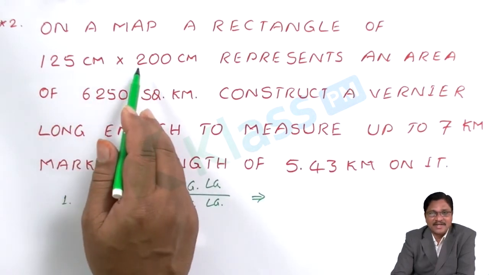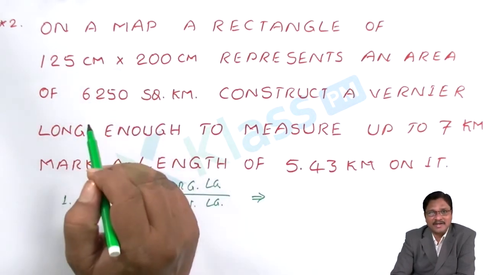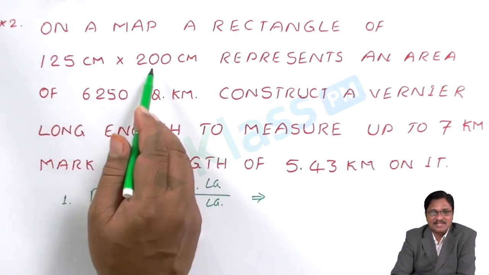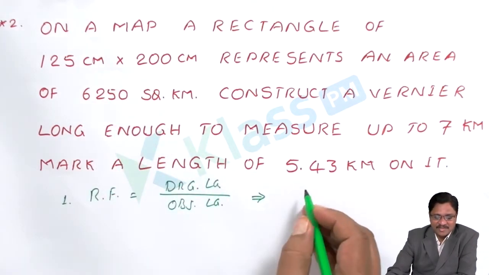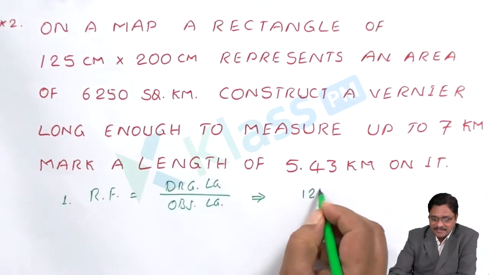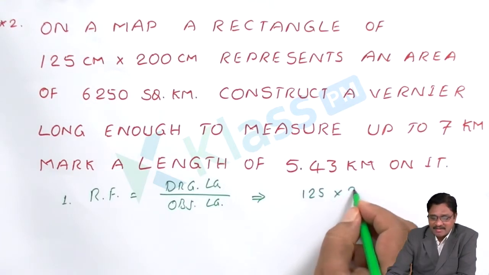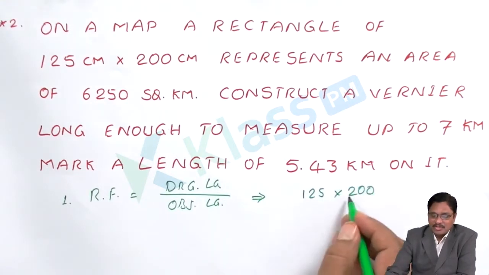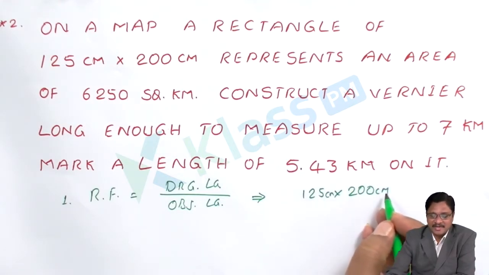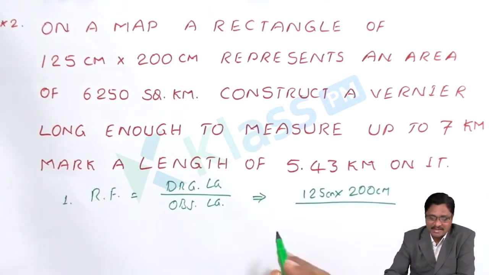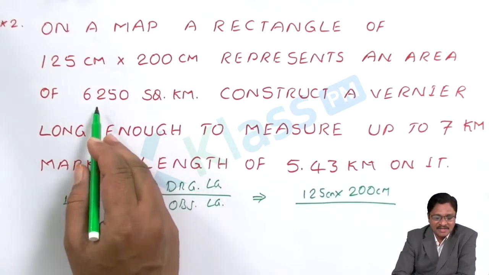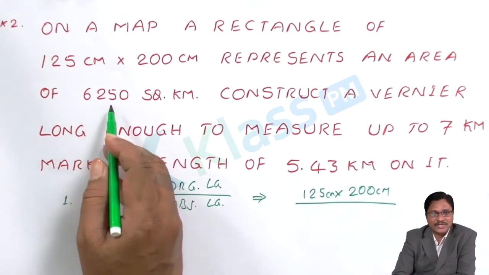Multiplying side by side gives the area of a rectangle, so length into breadth is what is given. Take the same: 125 multiplied by 200, both in centimeters, divided by the object length. What object length has been given? 6250.